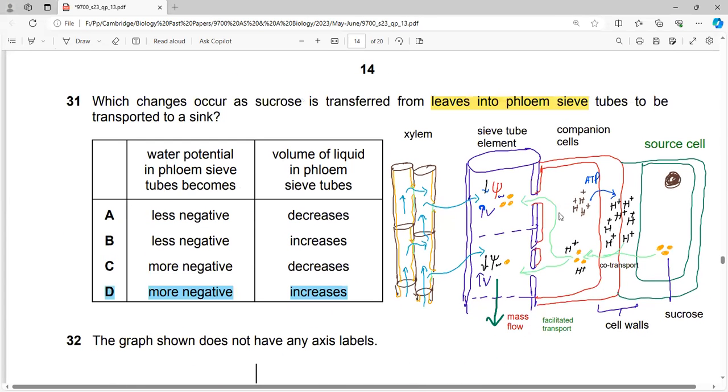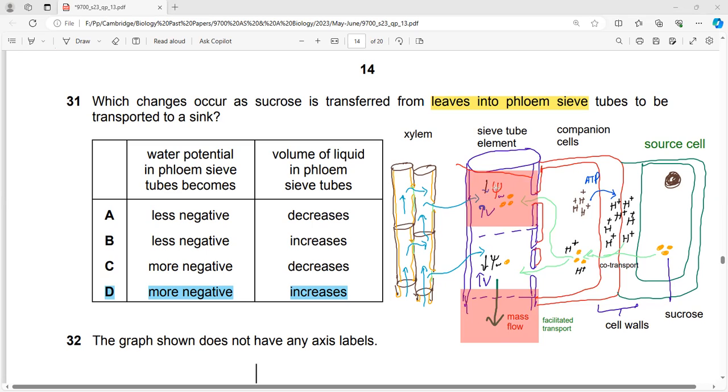For example, if the distance from the sieve tube element is increasing, and a point is present at this location, it will have a high hydrostatic pressure compared to this location. Why? Because the water is moving from high to low pressure, and in this way the pressure is decreasing.